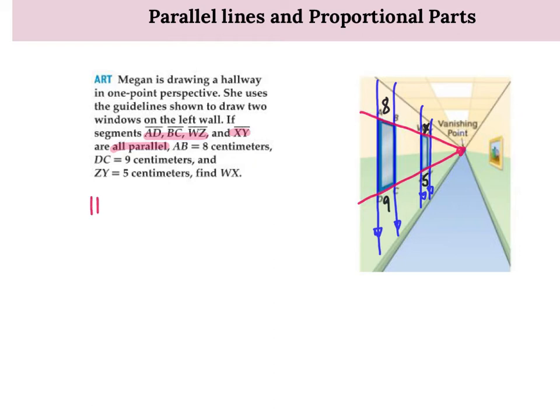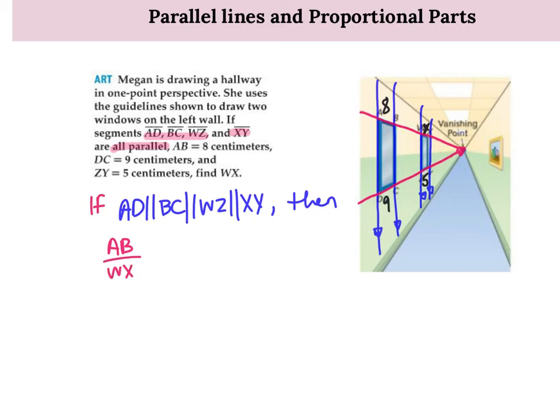So if AD, BC, WZ, and XY are all parallel, then we know that our segment portions AB over WX, so that's this segment over this segment, is proportional to DC over ZY.